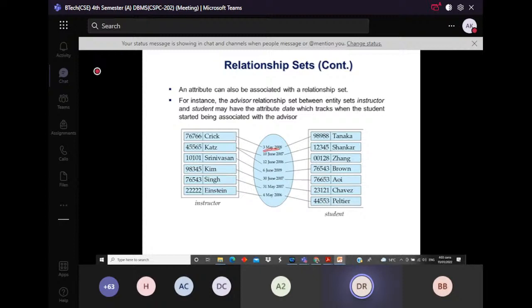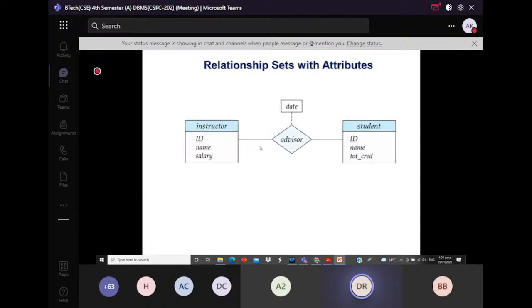A particular instructor can be associated with a number of students, and for each student the date of association can be different. So date of association will be an attribute of the relationship. You can see here this is the instructor, this is the student, and date is an attribute of this relationship, advisor.